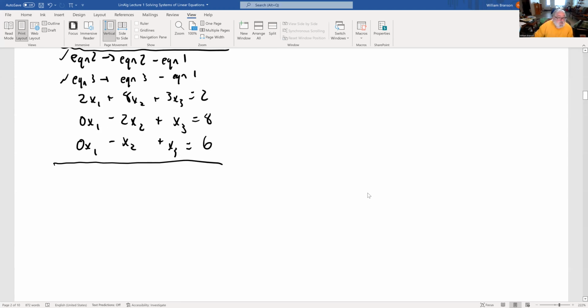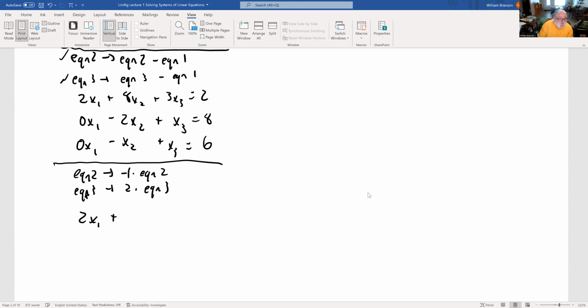I'm not going to replace equation 2, I'm just going to multiply it through by minus 1 to get rid of the minus sign here. And then I will take equation 3, and at the same time, I'll multiply that by 2. So we're leaving the first equation alone.